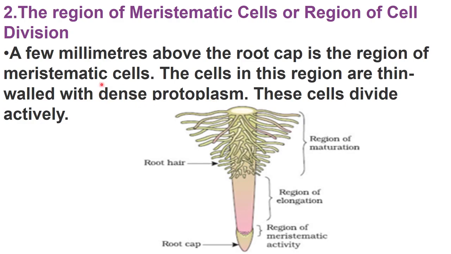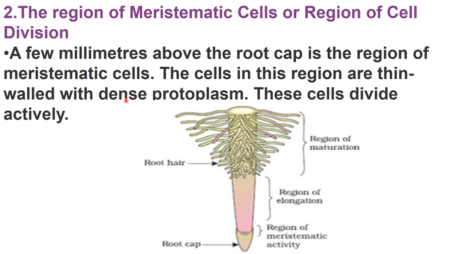Again, this is also a characteristic feature of all the meristematic cells, because these cells are dividing rapidly. So for the rapid division, they require dense protoplasm. Protoplasm means all the cytoplasm that is present inside the cell.